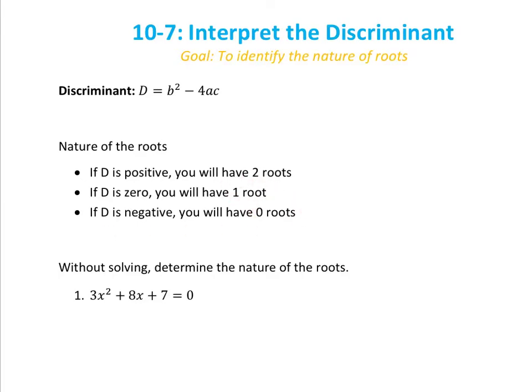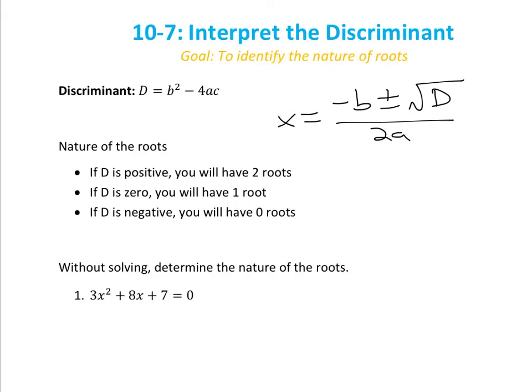Now, let me explain a little bit why that makes sense, because this is the quadratic formula. If we plug the d in, looks like this: x equals negative b plus or minus the square root of this whole thing, right? The square root of b squared minus 4ac is just the d, all over 2a.